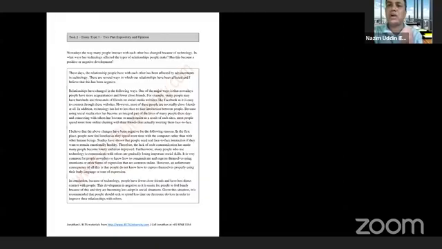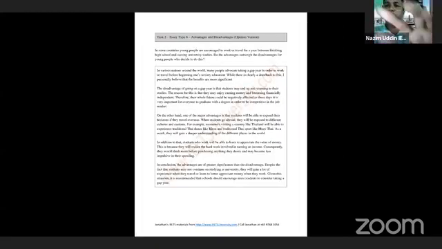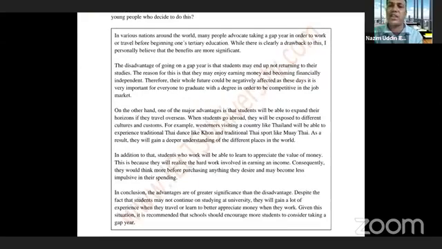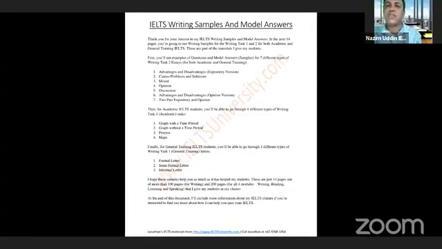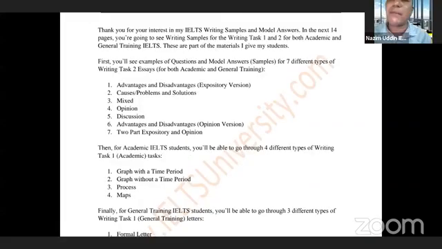Now we'd like to go to task 2. I'd like to see again what kinds of task 2 we are going to write. Task 2 has 4 categories. Sometimes the question is controversial, an argumental question.